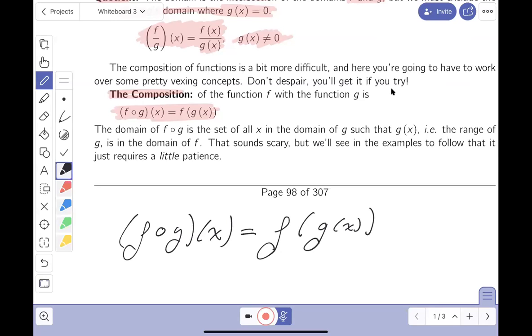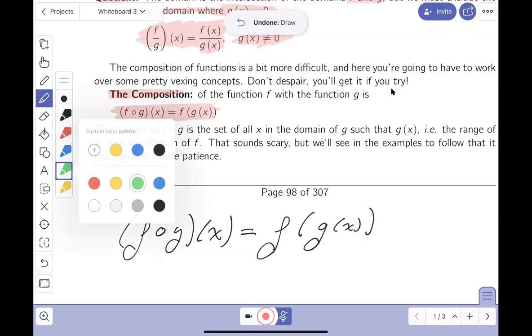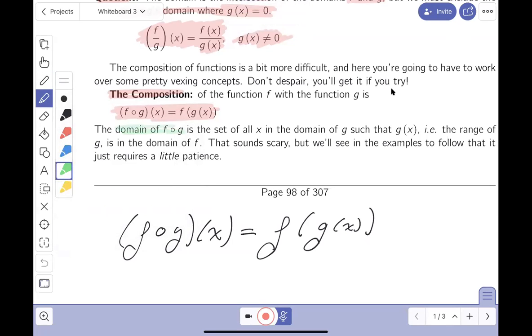All right, here comes the tricky part. It's this domain thing. The domain of this composition f of g is the set of all x in the domain of g such that g of x, i.e. its range, is in the domain of f.